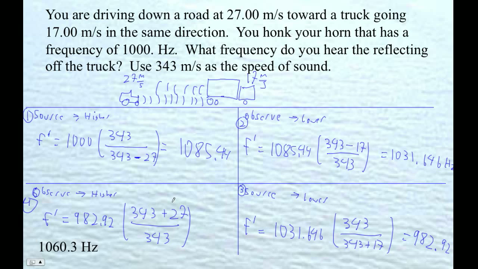This is finally going to be the answer. So times parentheses 343 plus 27 divided by 343. And I get 1,060.3. You're truly a dedicated student if you stayed with this the whole time.